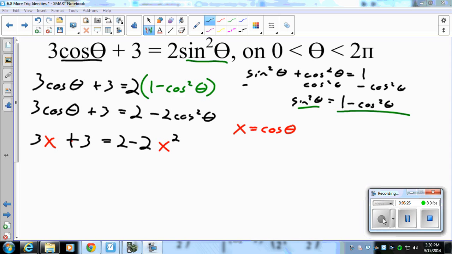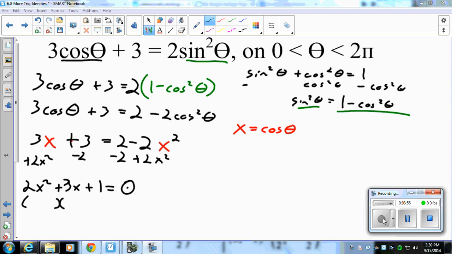All right, solving a quadratic, I want to set it equal to 0, so I'm going to add 2x squared and subtract 2 on both sides. I get 2x squared plus 3x plus 1 is equal to 0.